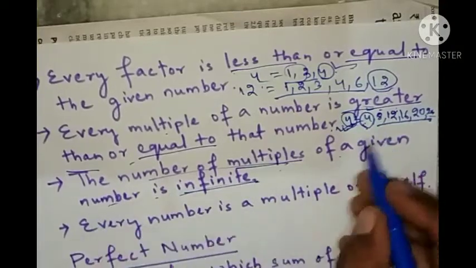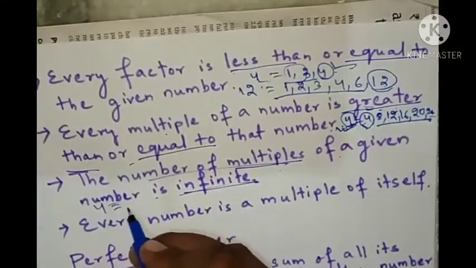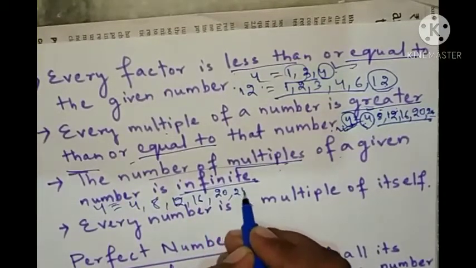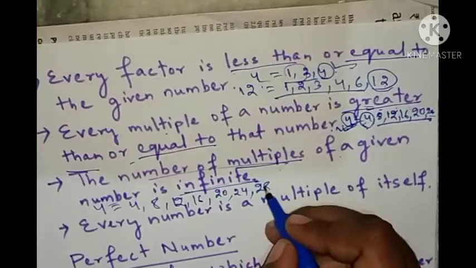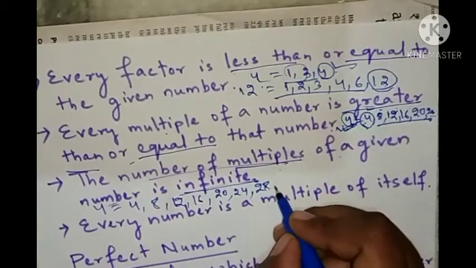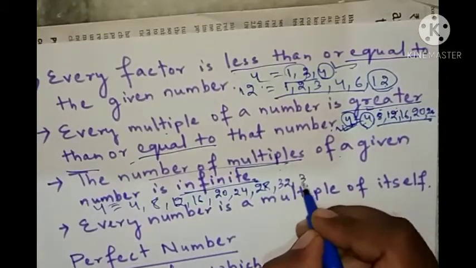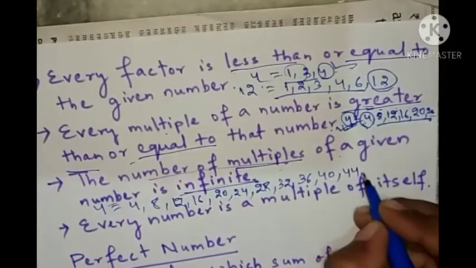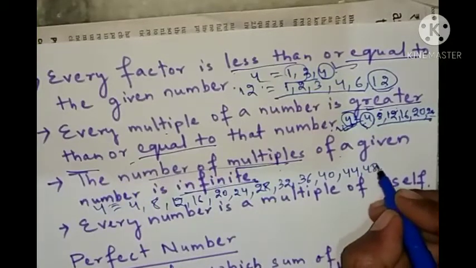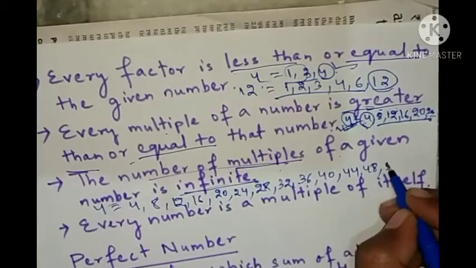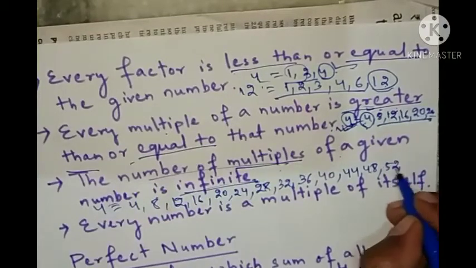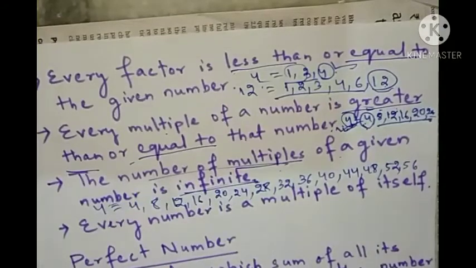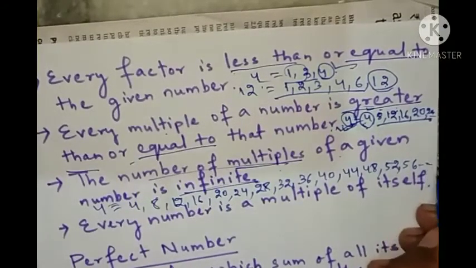Like the same thing, you got 4, multiples of 4: 8, 12, 16, 20, 24, 28, 32, 36, 40, 44, 48, 52, 56, like that it will go on.